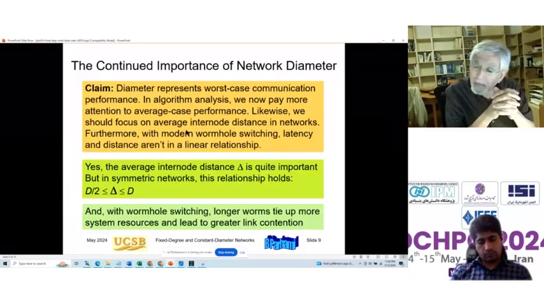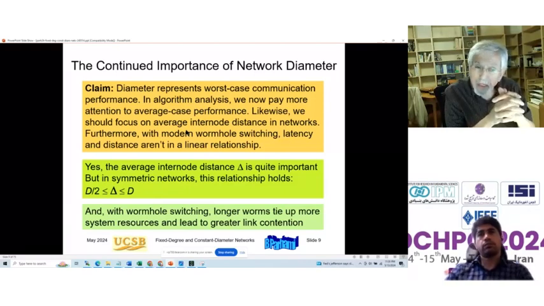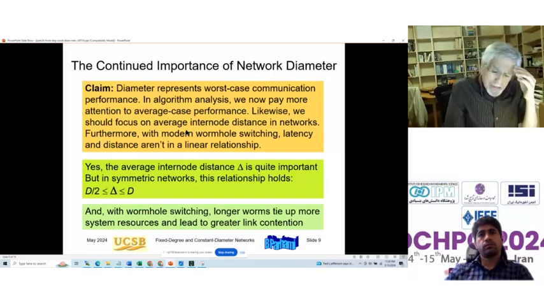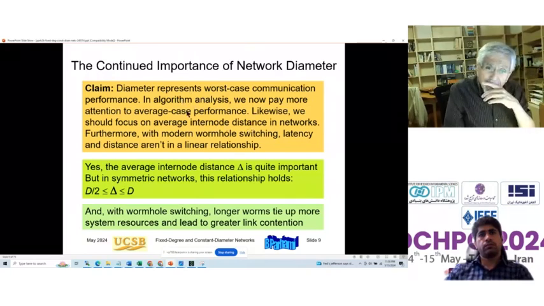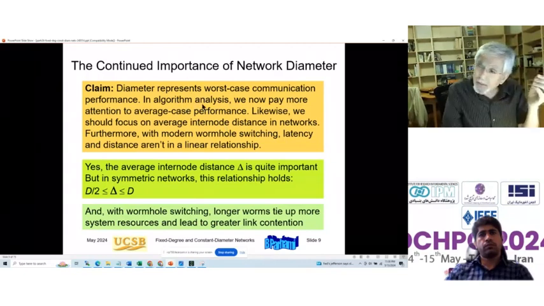Now, diameter is sometimes criticized. I'm someone who pays a lot of attention to diameter and consider the diameter of a network to be important, but others sort of discount the importance of diameters because they say that just as in algorithm analysis, we have stopped worrying about just the worst case performance, and we are paying more attention to average case performance.